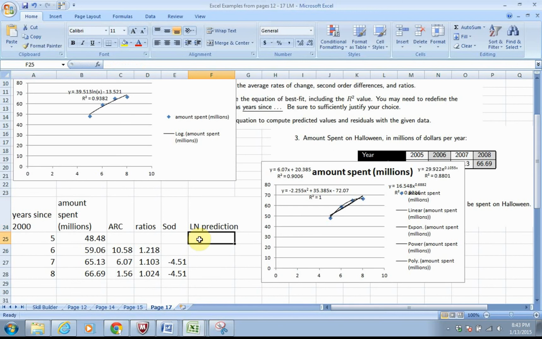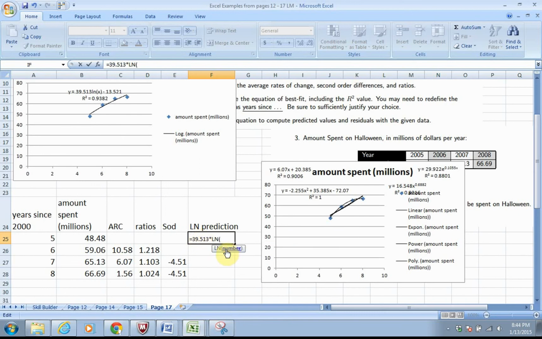If I'm going to type in that prediction, I know that what I need to do is start with an equal symbol. Some people may try to copy and paste that formula. I am simply going to type it in pretty quickly, 39.513. Remember to insert your multiplication sign. Multiply ln, and you can see it pops up.